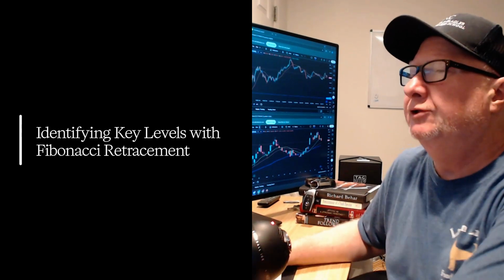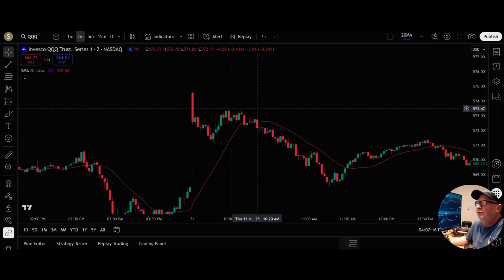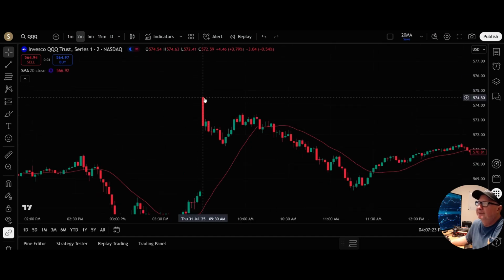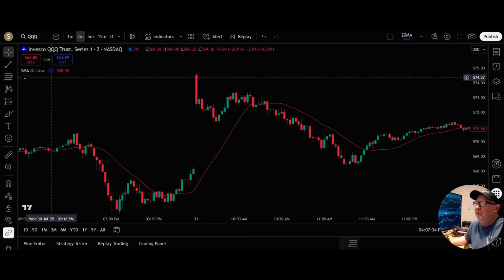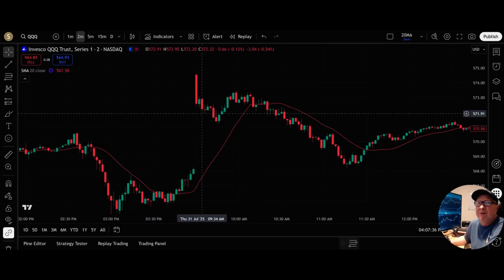So this is a chart of the Qs on the 2-minute, and this is this morning. The only other line I have on here is the 20 simple moving average. If you missed the big move this morning, and this was based on Microsoft and Meta earnings, there was a huge gap at the open.